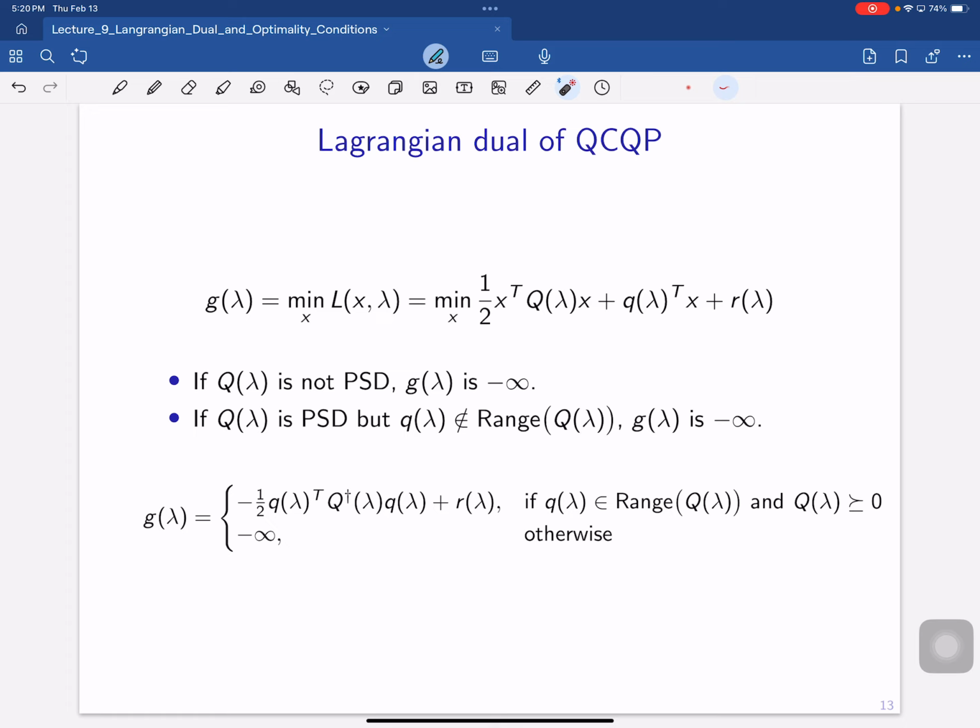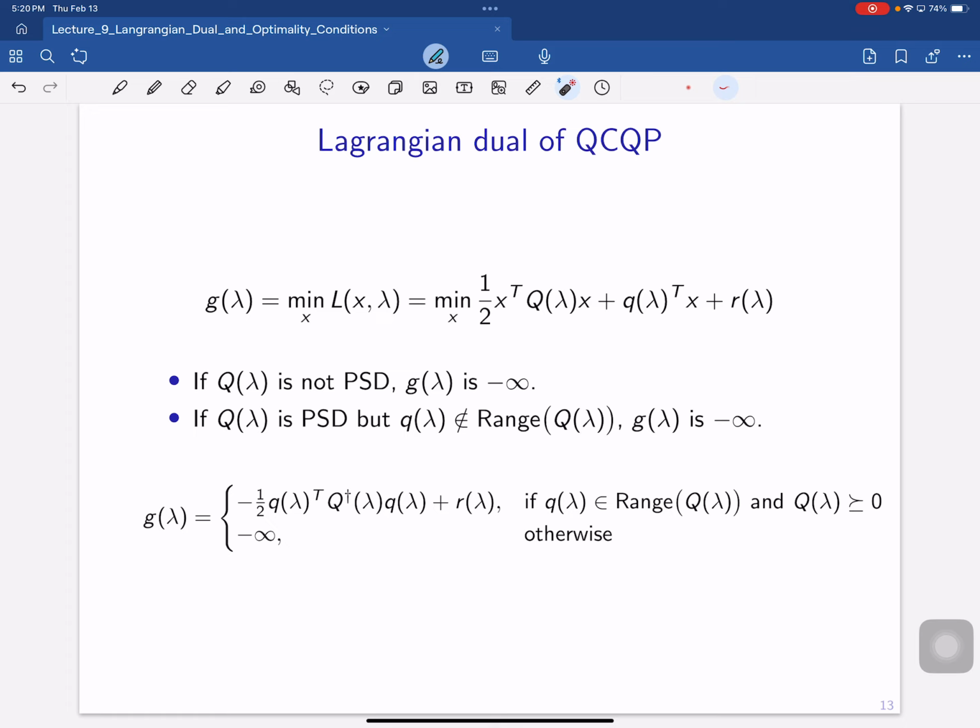And when Q of lambda is PSD, but q is not in the column space of Q of lambda, then it is also unbounded. So using the result we showed before, the only case when g of lambda is bounded is when q of lambda is in the range space of Q of lambda, and this matrix Q of lambda is positive semi-definite. Then you arrive at this notation with a pseudo-inverse.